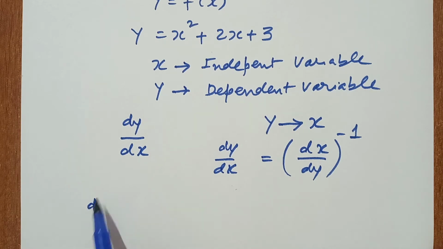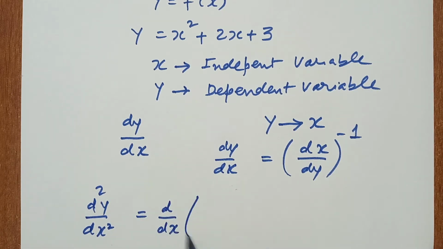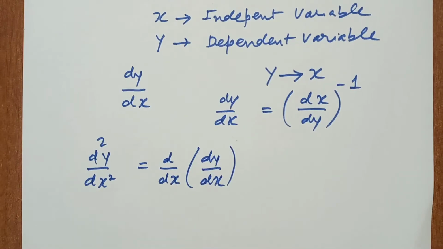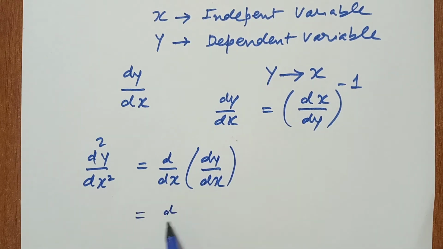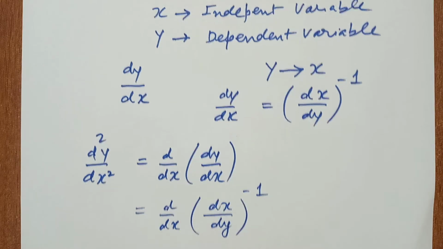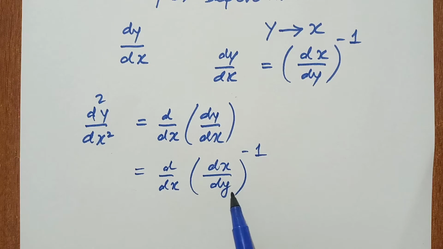Now what is d2y by dx2? d2y by dx2 is equal to d over dx of dy by dx, and dy by dx is equal to (dx by dy) to the power minus 1. Now differentiation is with respect to x, but we need differentiation with respect to y.